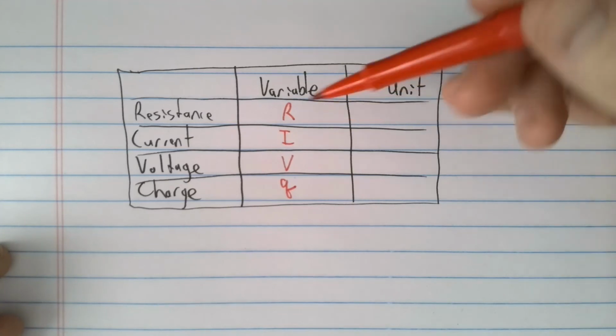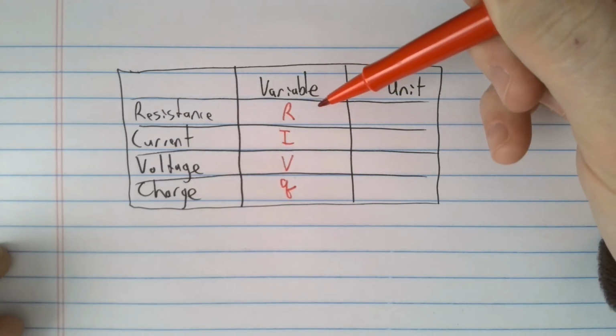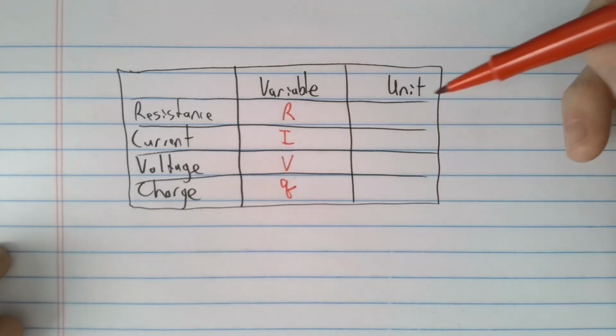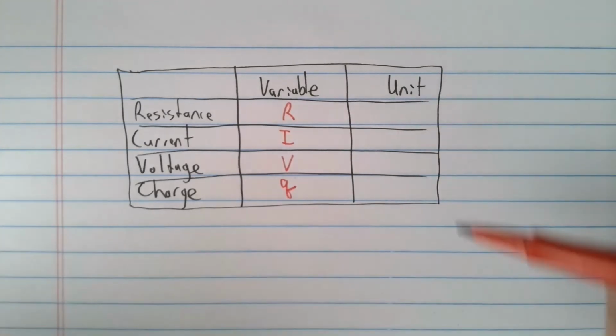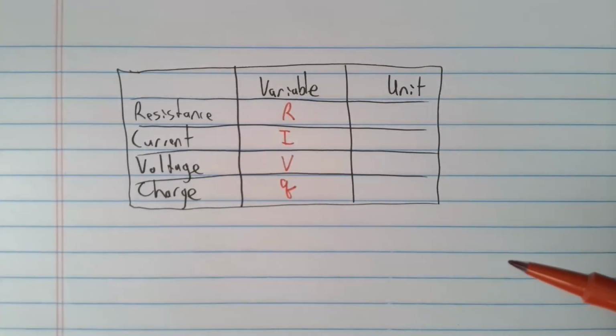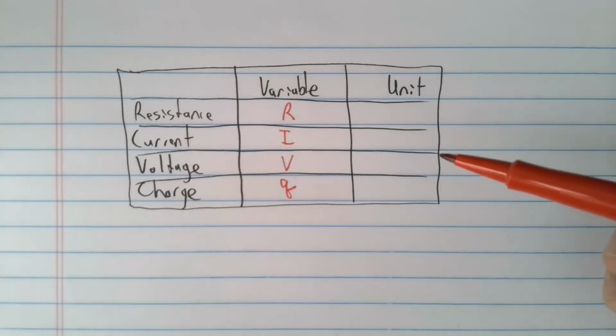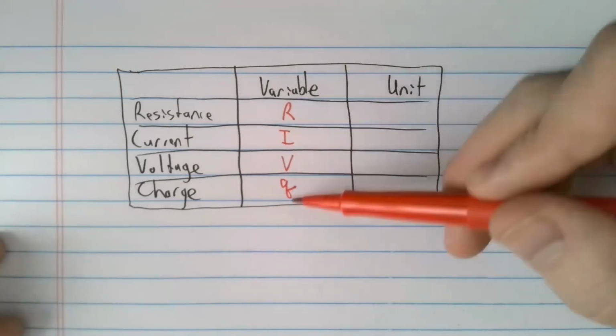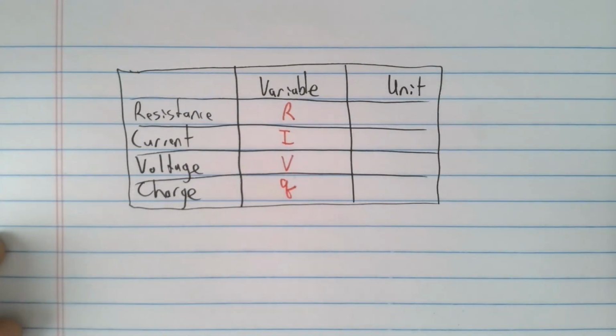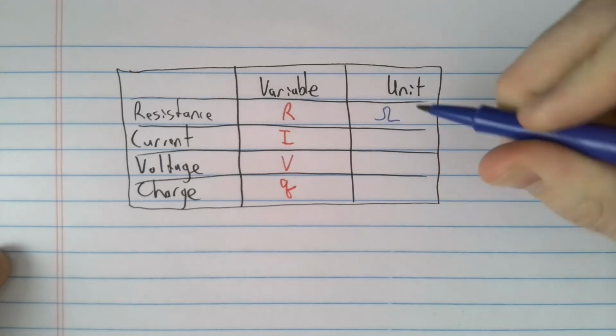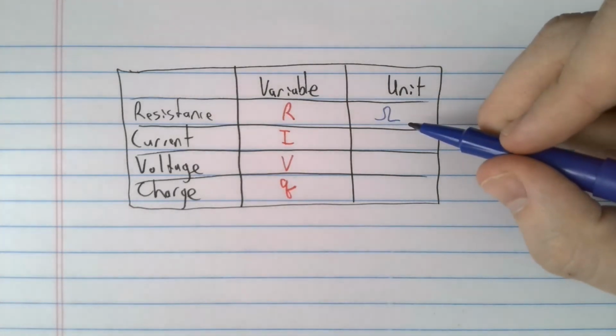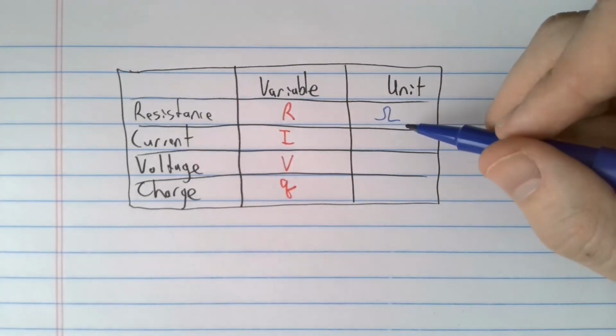And it's important not to mix up variables and units. The unit is the thing that you measure it with. So if you get a number at the end of it, the unit is what you write after the number. These are the letters that are in the equations. So the units, resistance, like I said, has that cool unit, ohms, 8 ohms, 10 ohms, 16 ohms, whatever.